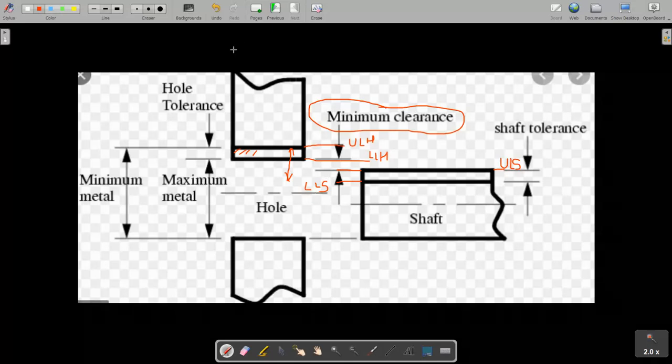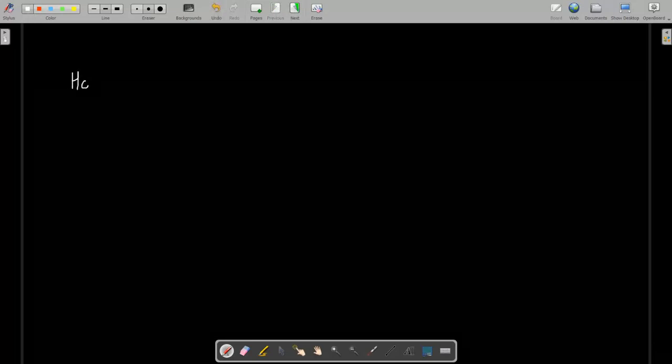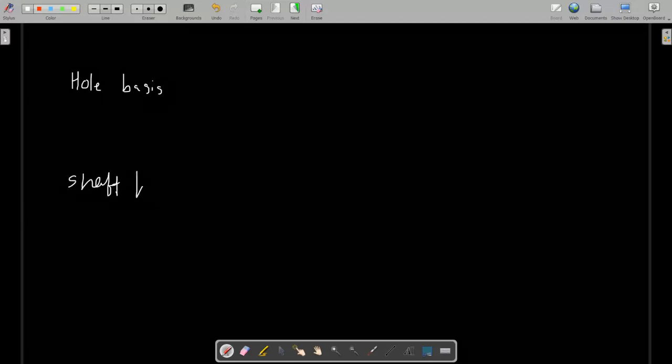First of all, let me clarify what the hole basis system is, and what the shaft basis is. In the hole basis system, the lower limit, or you can say the minimum diameter of the hole, is equal to the basic size.